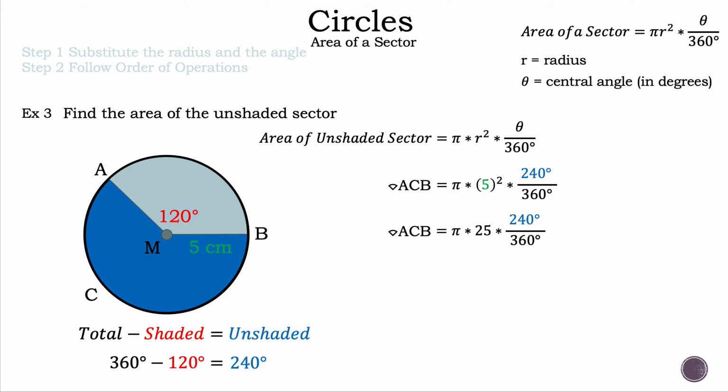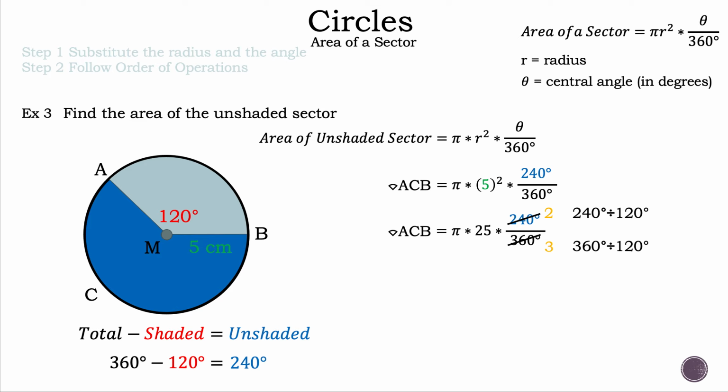And now we have sector ACB is equal to pi times 25 times 240 degrees divided by 360 degrees. So now we're going to go ahead and simplify the degrees, and we're going to divide each degree by 120 degrees. So 240 degrees divided by 120 degrees is 2. And 360 degrees divided by 120 degrees is 3.